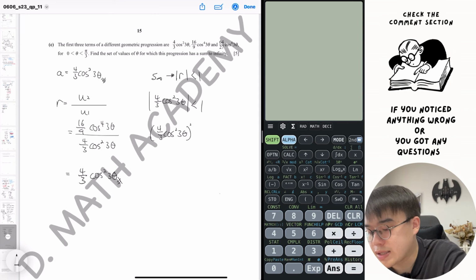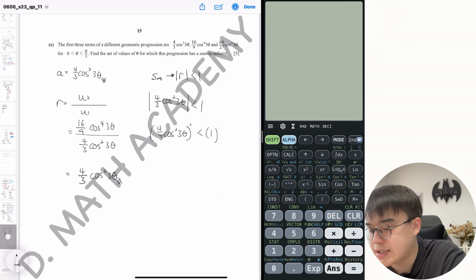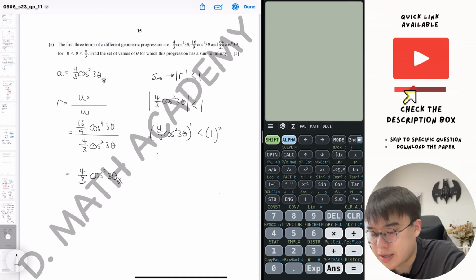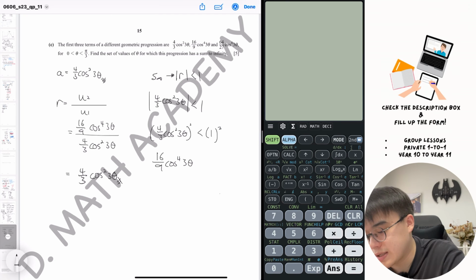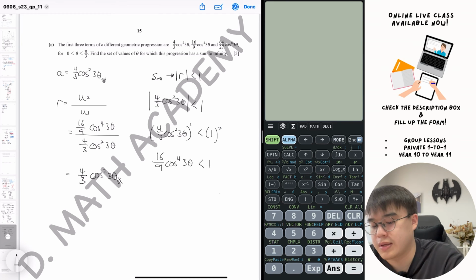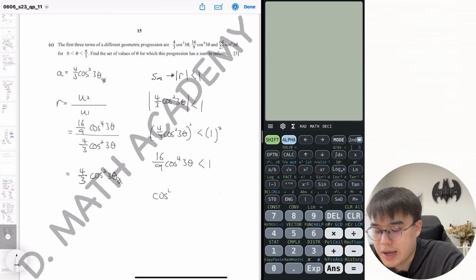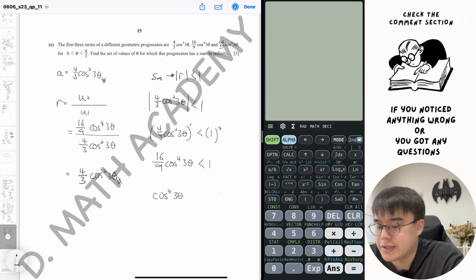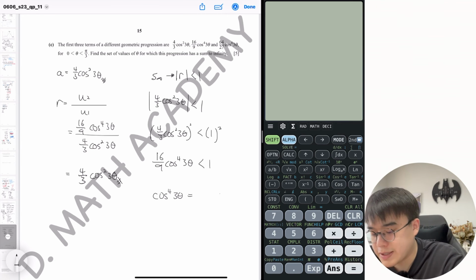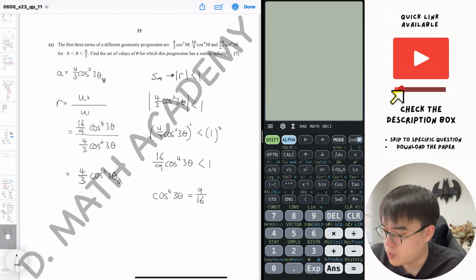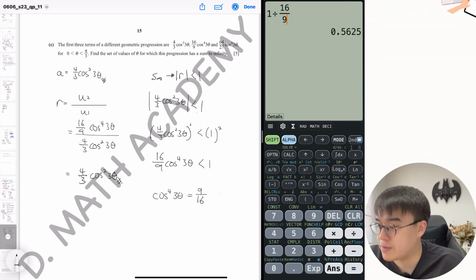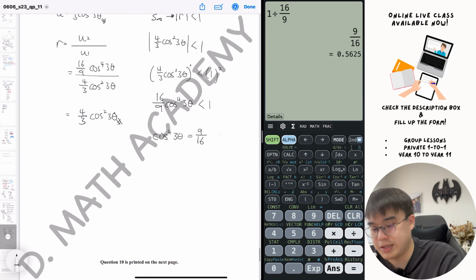Okay, and in this square both sides process, I'm going to get 16 over 9 cos to the 4 of 3 theta lesser than 1. Okay, so going forward, I won't go and write the inequalities anymore. I'll just replace it as 0 first because I'm trying to find the critical value. So 1 divided by 16 over 9, you get 9 over 16.